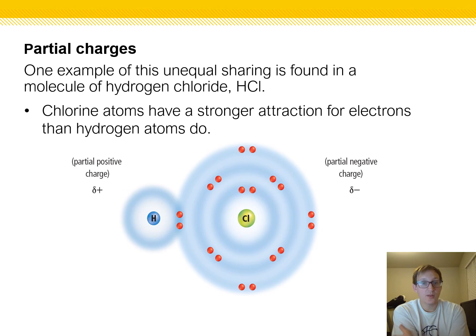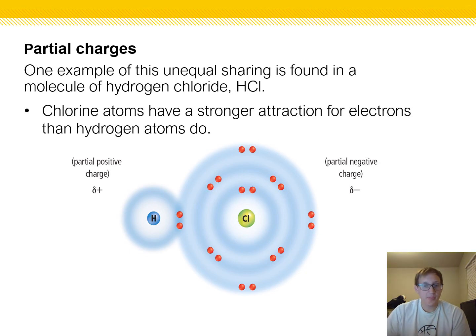One example of this unequal sharing is found in the molecule of hydrogen chloride, HCl. So when hydrogen bonds to chlorine, chlorine atoms have a stronger attraction for the electrons. Okay, they are bigger, they have higher electronegativity, they're going to pull things into them more.